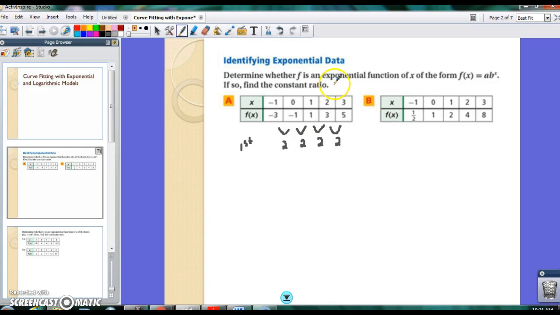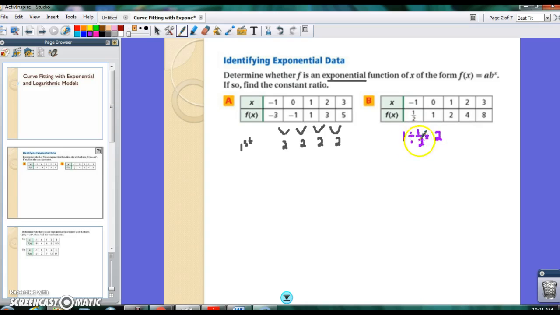Here, because we're determining whether or not it's exponential, we are going to find our constant ratio, and all we're going to do is, instead of finding the difference, take the quotient. That means divide. So I'm doing 1 divided by 1/2, and that gives me 2.